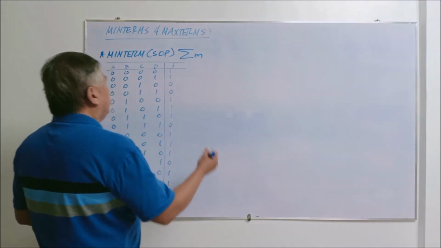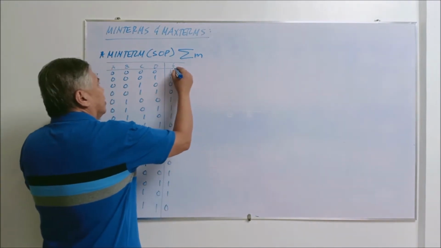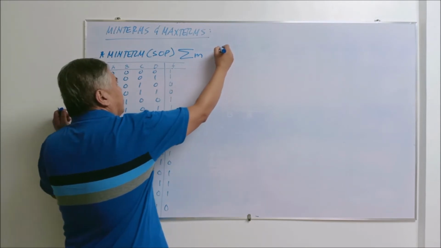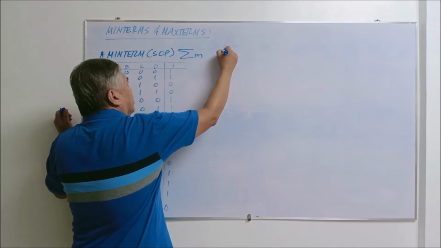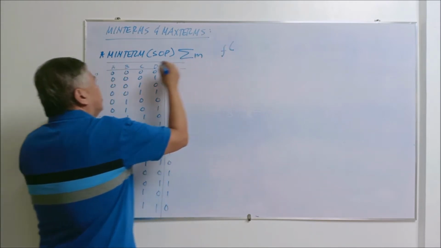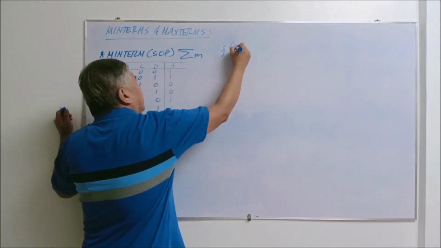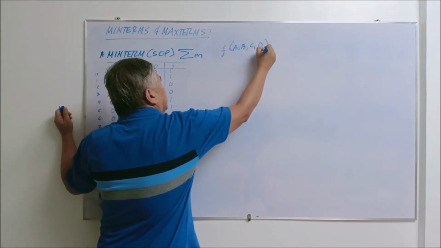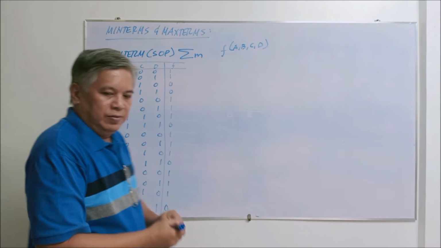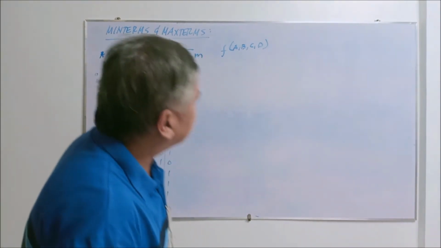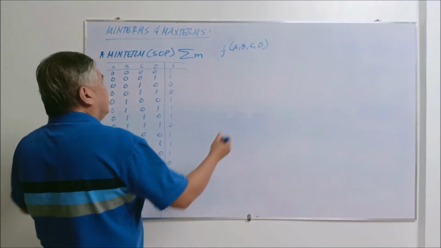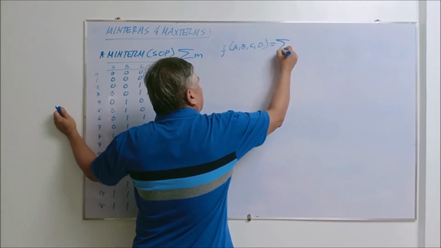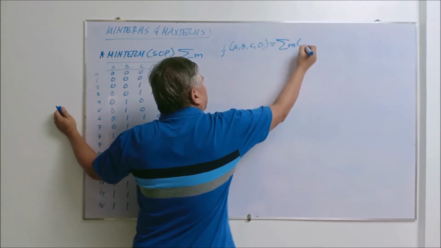The output is represented by f, F as a function of A, B, C, and D. Now, this is equal to the summation of Minterms. What are the Minterms here?